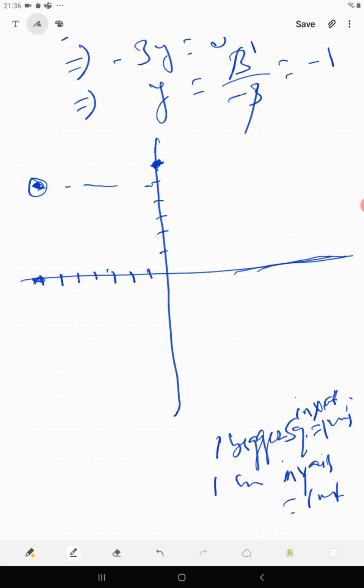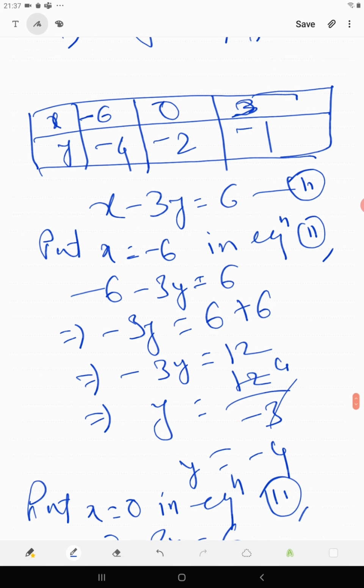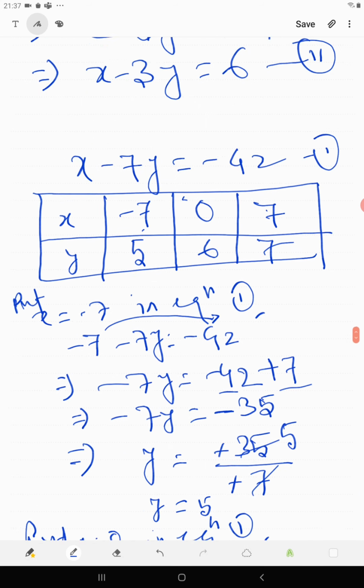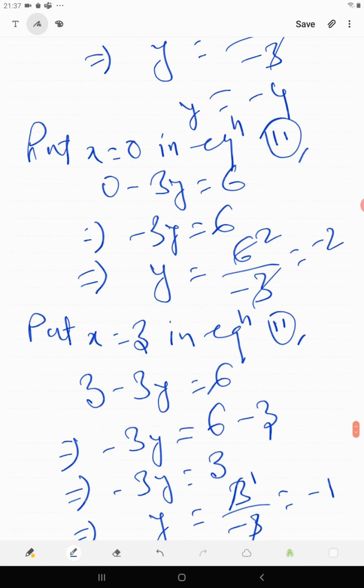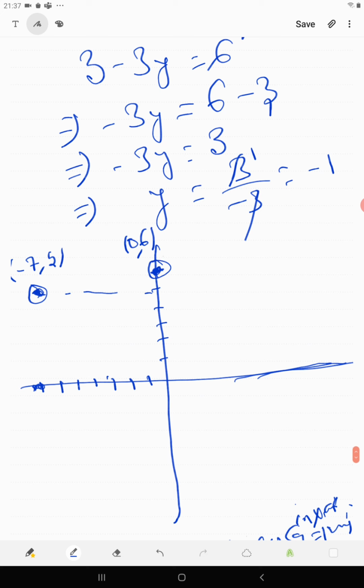This is minus 7 comma 5, this is 0 comma 6, and the third point is 7 comma 7. 7 comma 7 will be on the right hand side: 1, 2, 3, 4, 5, 6, 7, and the 7th point is over here. So this will be our 7 comma 7.